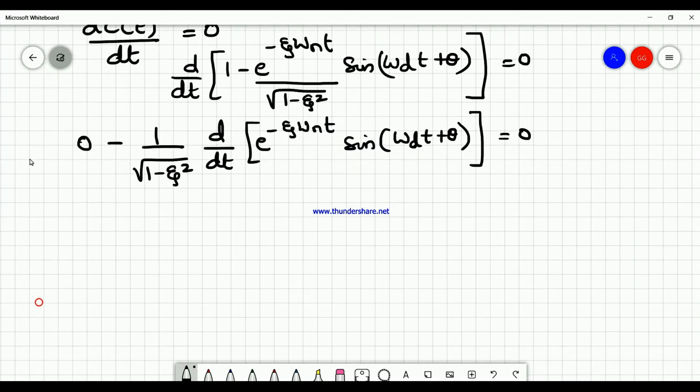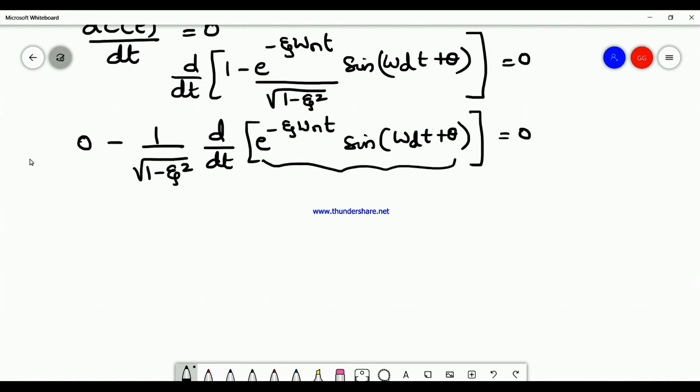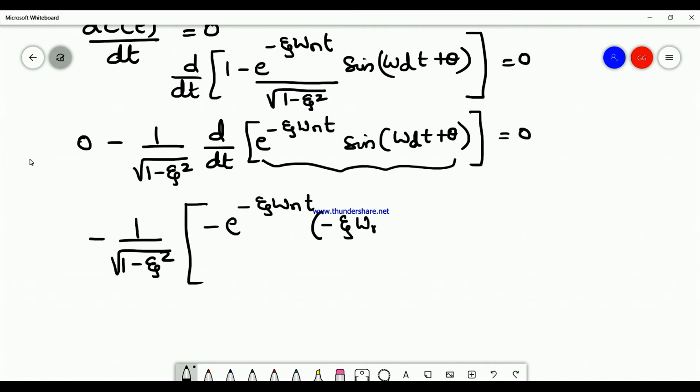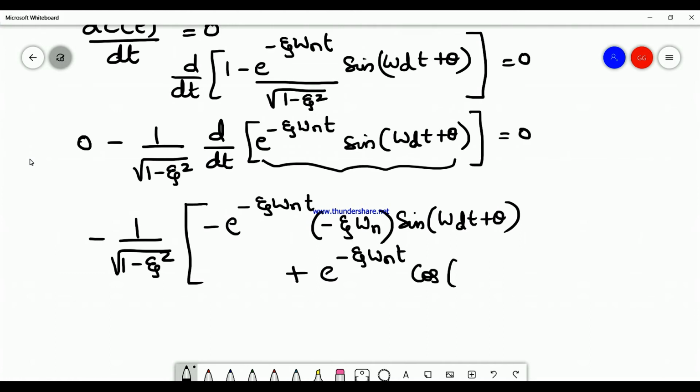Now we will use differentiation by parts. So this is equal to minus 1 over square root of 1 minus zeta square into, if you differentiate this, d by dt of this one, it is minus of e power minus zeta omega n t multiplied by minus zeta omega n into sine of omega d t plus theta, added with e power minus zeta omega n t into the differentiation of sine, which is cos of omega d t plus theta, into omega d, which is equal to 0.